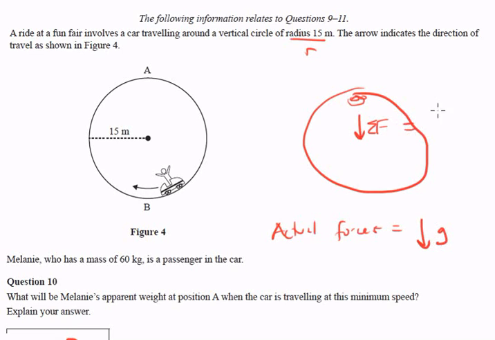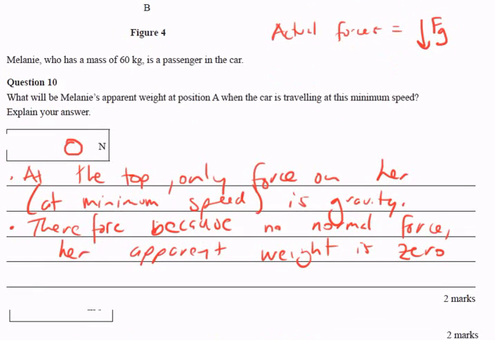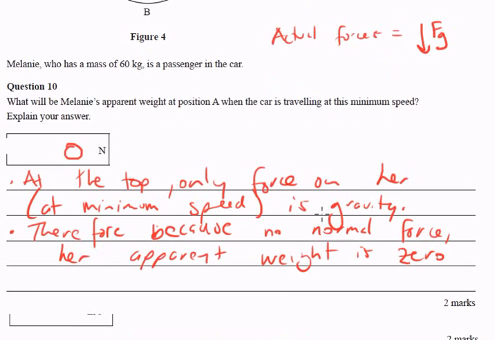So that equals the downwards force of gravity, and there's no normal force there. So normal force is 0, and normal force is your apparent weight.